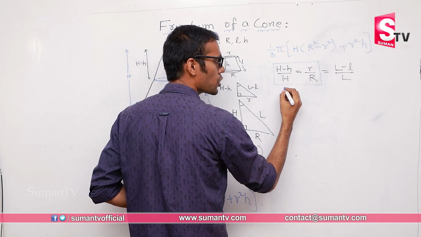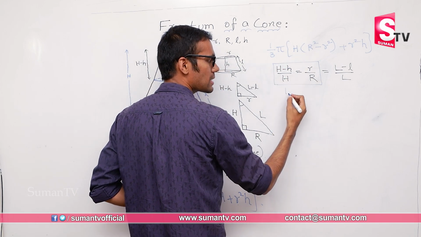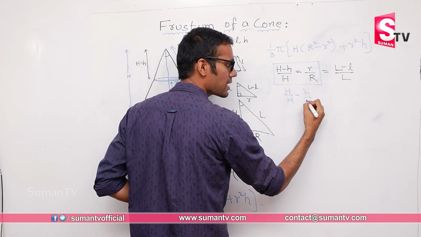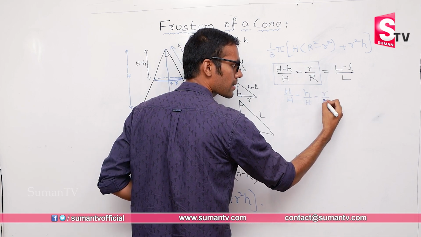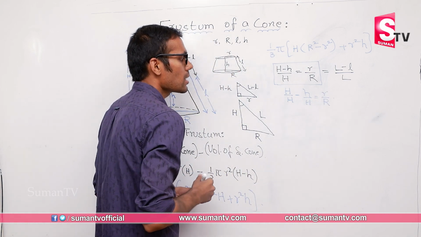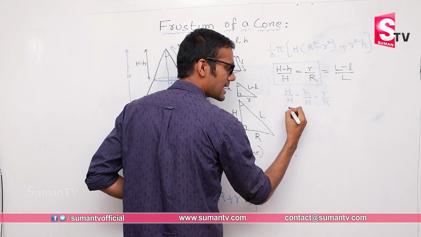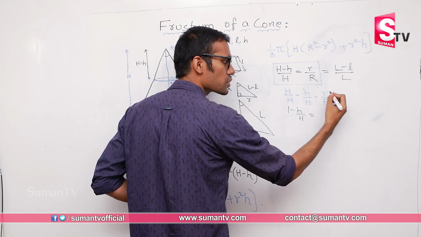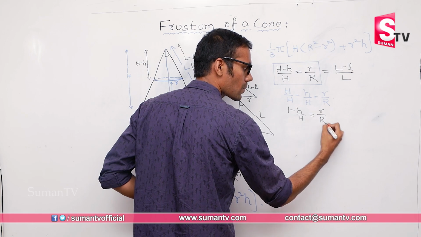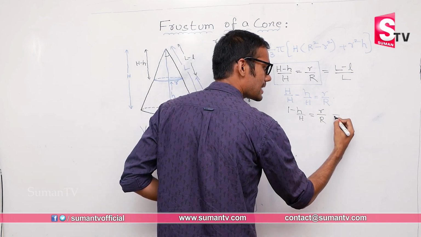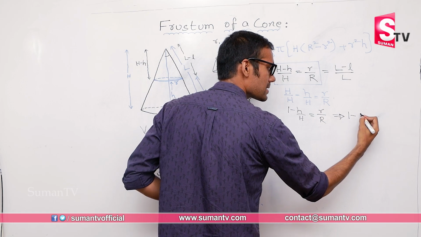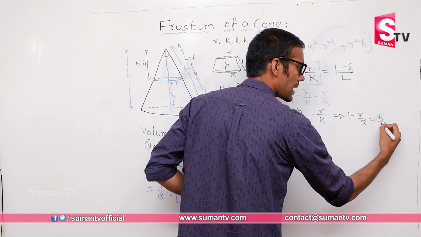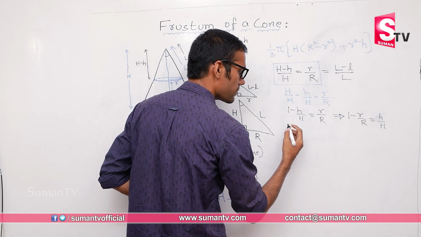So if you take the inverse of this, what do we get? Or if you separate it, capital H by capital H minus small h by capital H is equal to small r by capital R. Now capital H can be cancelled, so I can write it as 1 minus h by capital H is equal to small r by capital R. Okay, so I can further write it as 1 minus small r by capital R is equal to h by capital H. So what will I get?